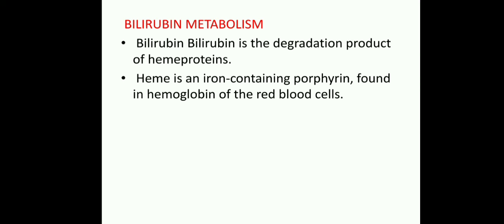Heme is an iron containing porphyrin found in the hemoglobin of red blood cells. Hemoglobin contains heme and globin.